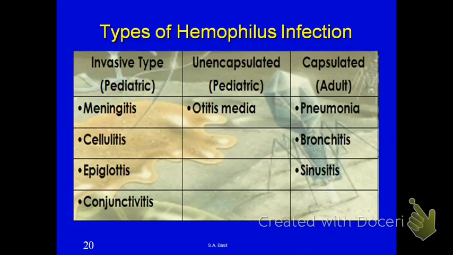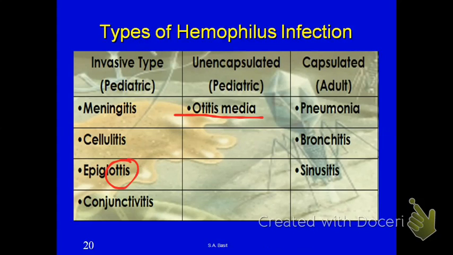As I've told you before, the invasive type are the ones that could cause pediatric infection. So this would be the meningitis, cellulitis, epiglottitis. Take note of the spelling, kindly check this one. Then conjunctivitis. Those that are not encapsulated would cause mostly otitis media, or the infection of the middle ear.